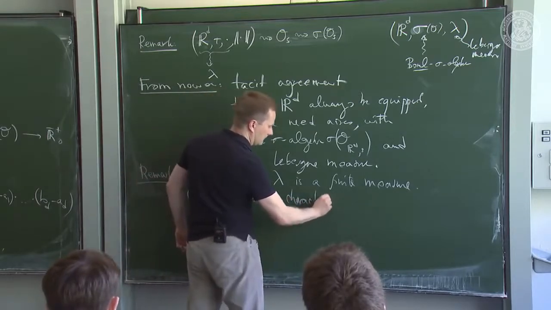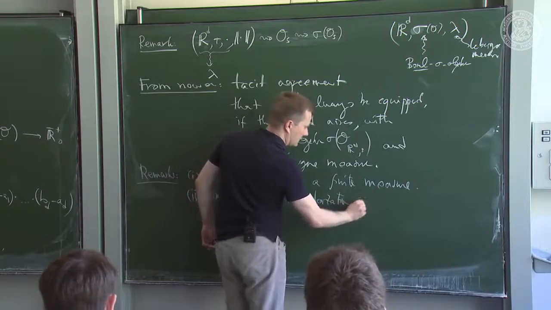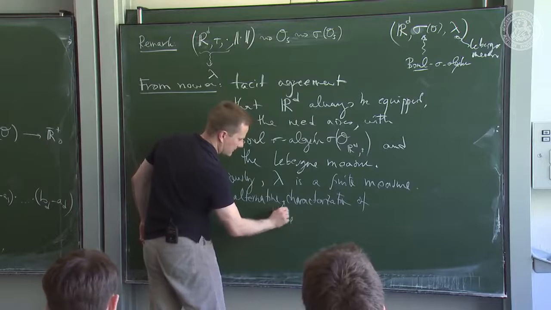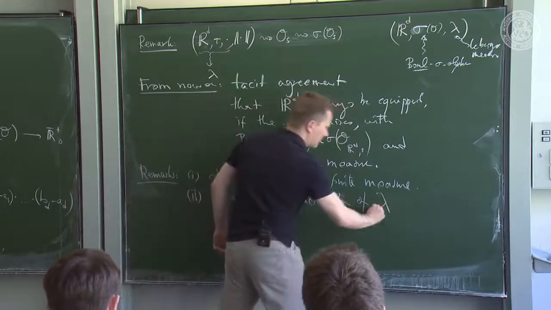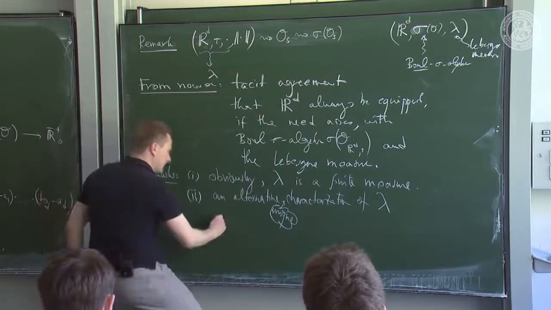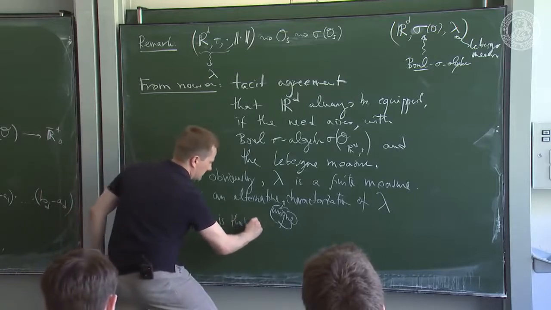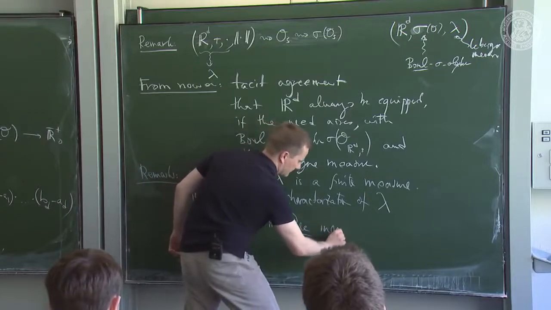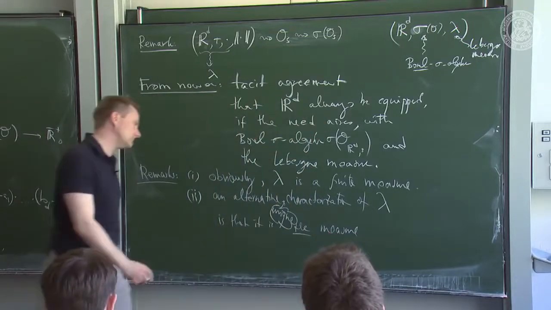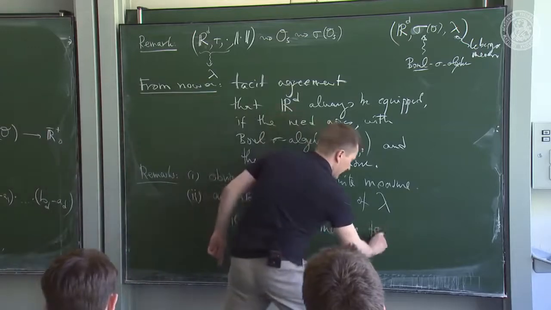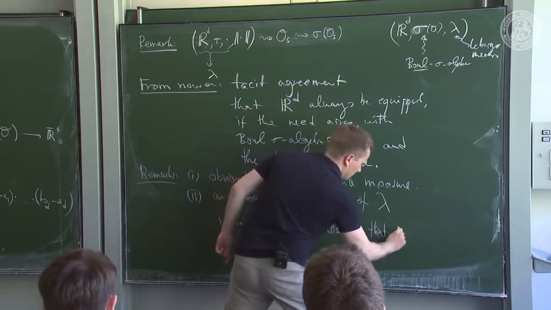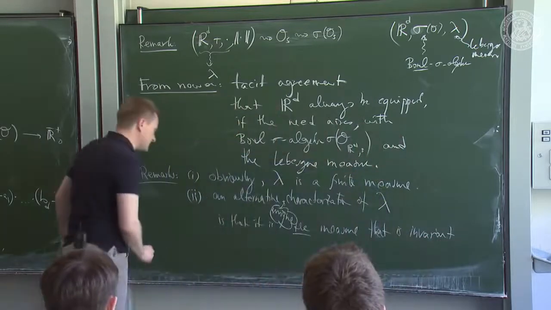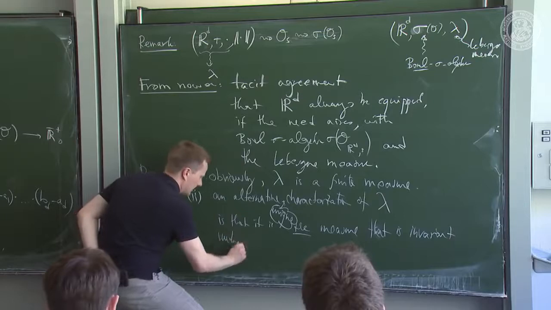And the second is an alternative characterization. Well, unique characterization, that's the whole point. The unique characterization of the Lebesgue measure is that it is the measure that is invariant under translations of the measurable sets.